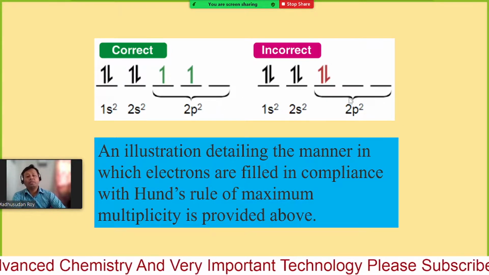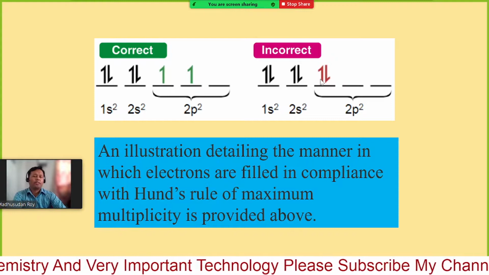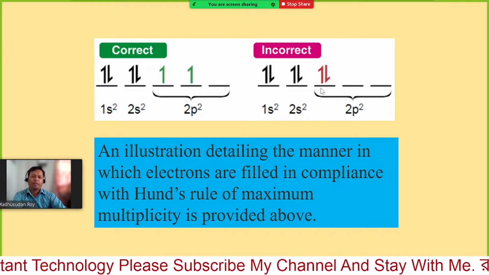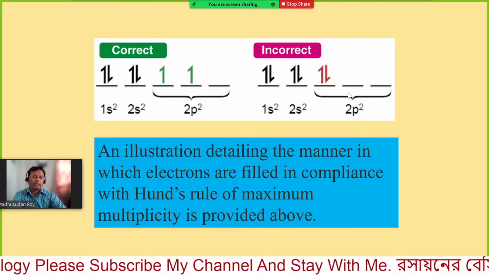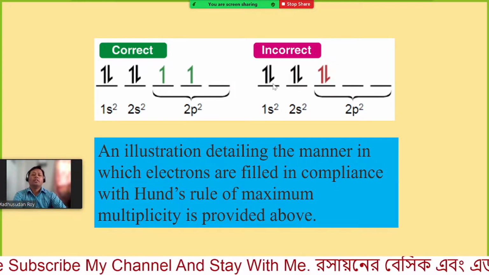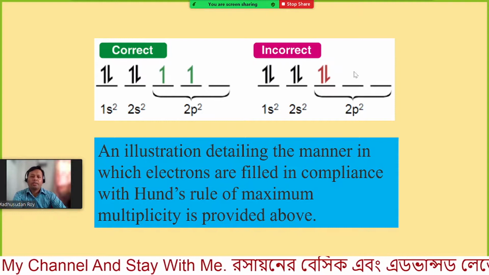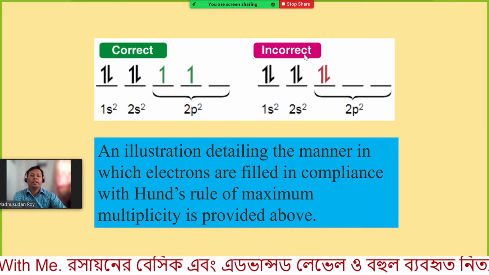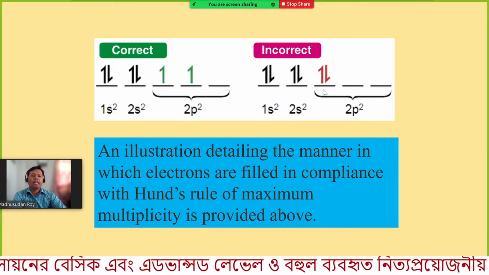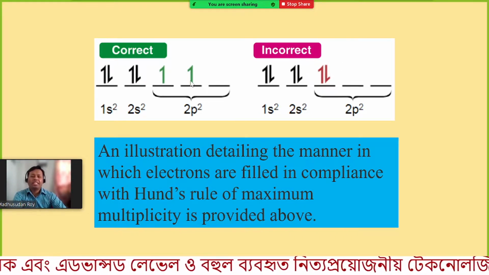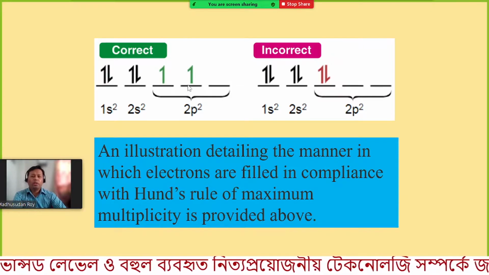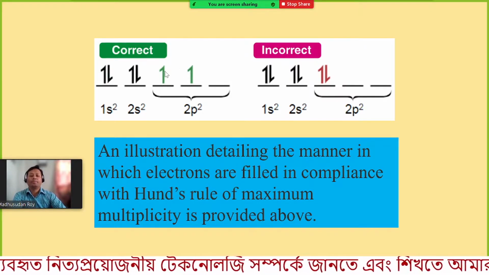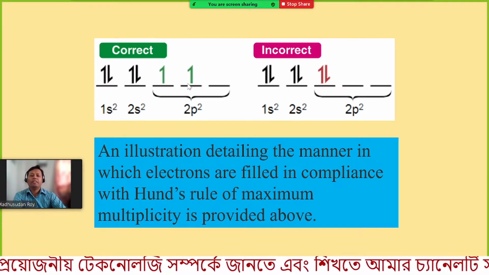We can write it this way, putting 2 electrons in the same orbital, but energetically this is not favorable. So I have written it incorrectly here. This type of arrangement is not perfect, and this type is okay. These electrons have parallel spin, both upward.